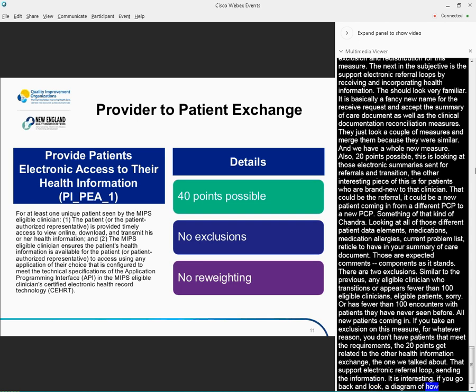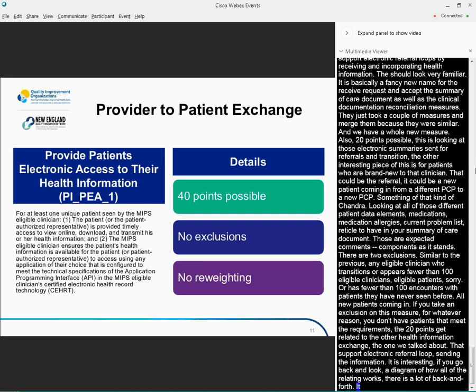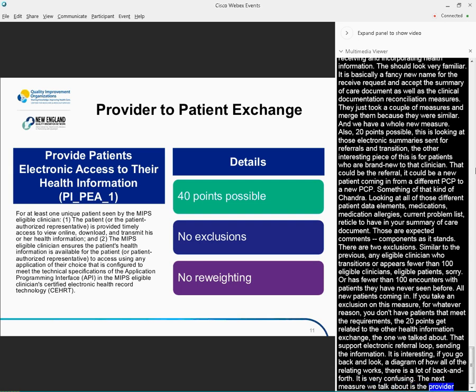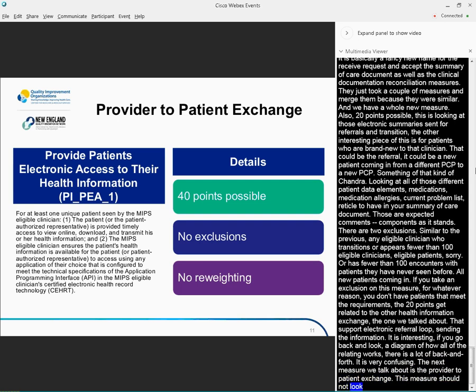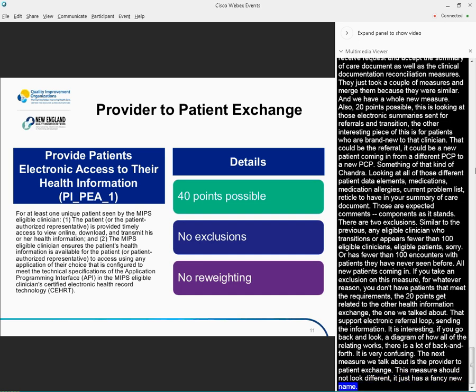The next measure we'll talk about is the provider-to-patient exchange. Again, this measure should not look different. It just has a fancy new name. So provide patients electronic access to their health information should look really similar to that provide patients access to the portal measure.